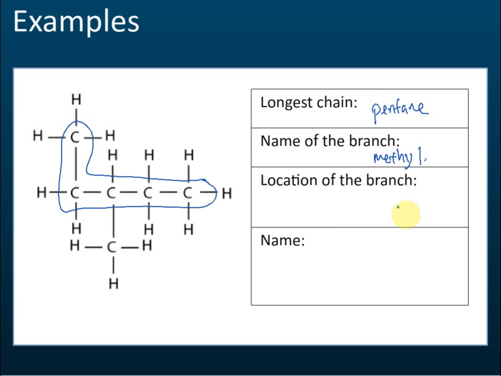Locations, 1, 2, 3. Or you start from here, 1, 2, 3. So it should be 3, 3. So the name is 3-methyl pentane. That is how we name this alkane.